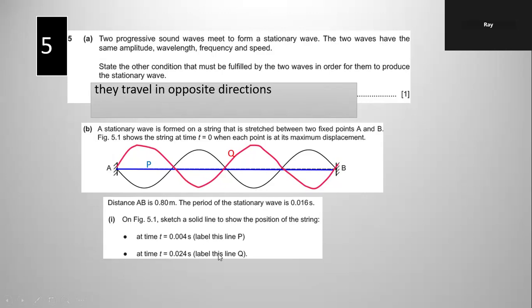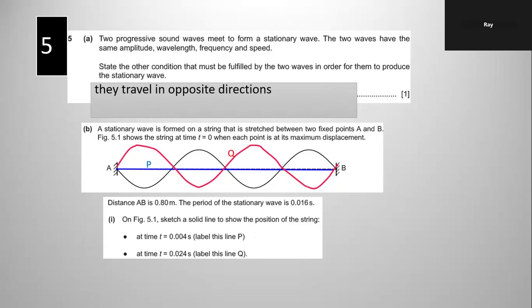That's Q. The period is 0.016, so there is half a period. Half a period, this one is going up. Oh, this one going down. Half a period, this will be down. P is the blue line, horizontal. You have two of them, one is P, one is Q.